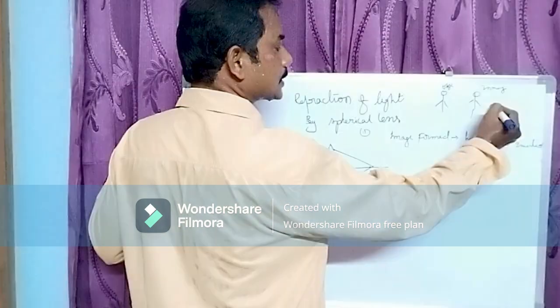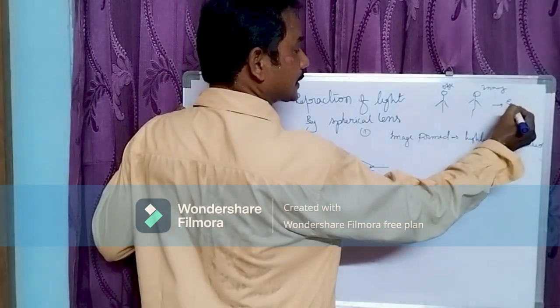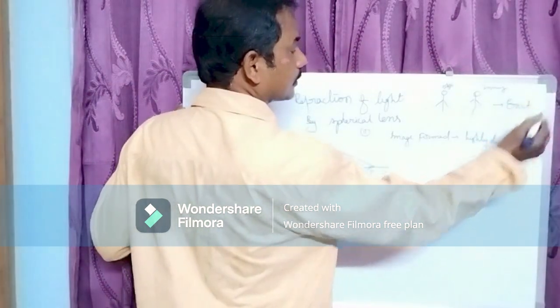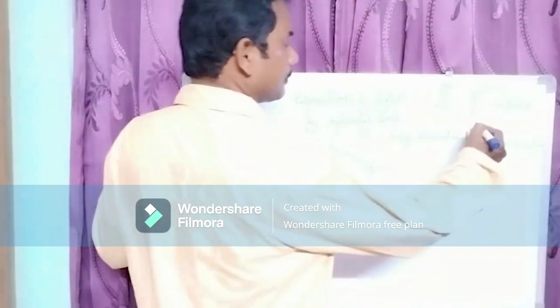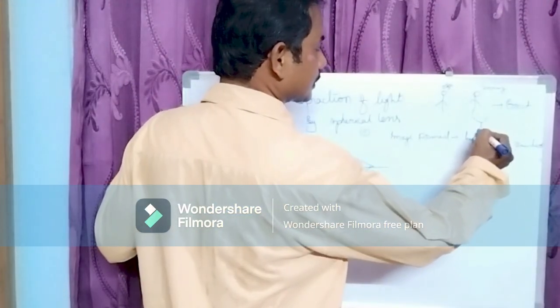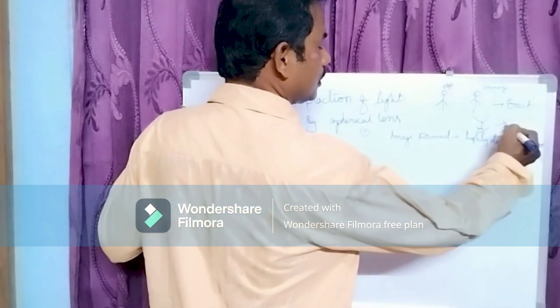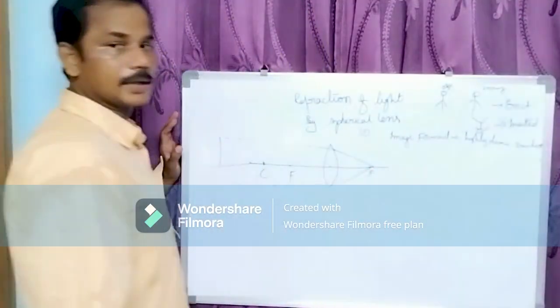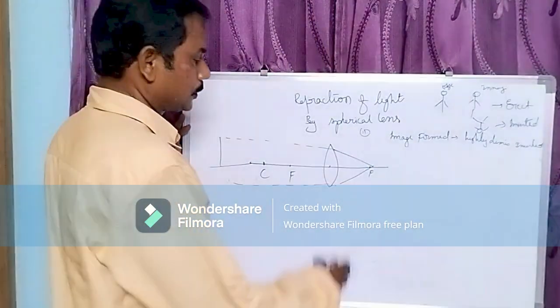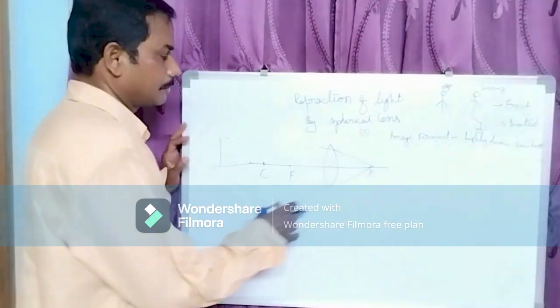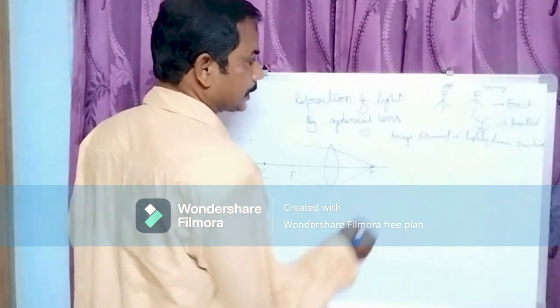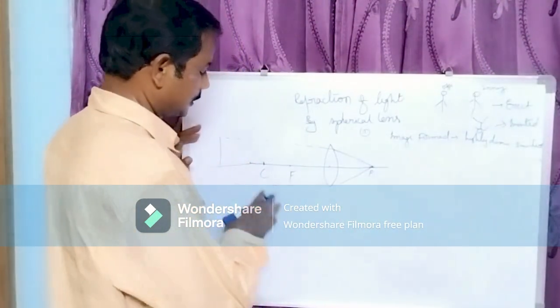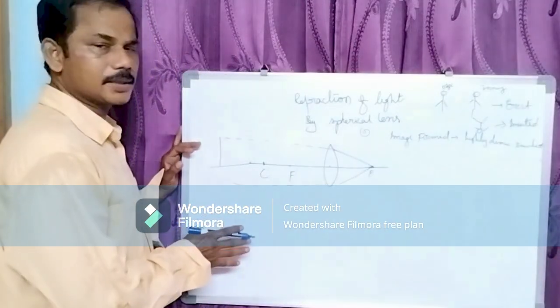We call it erect. If the image is formed like this, it is called inverted. I think you are getting my point. So here the image formed is very diminished and inverted.